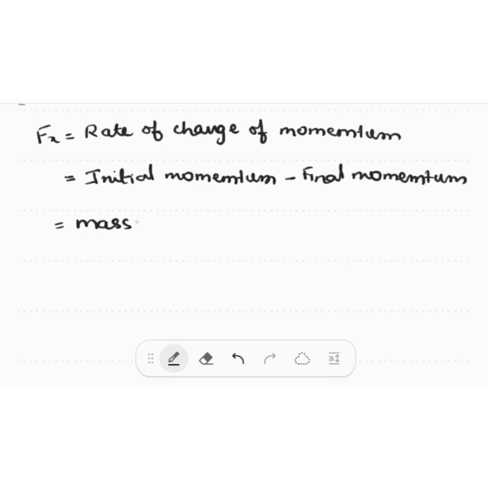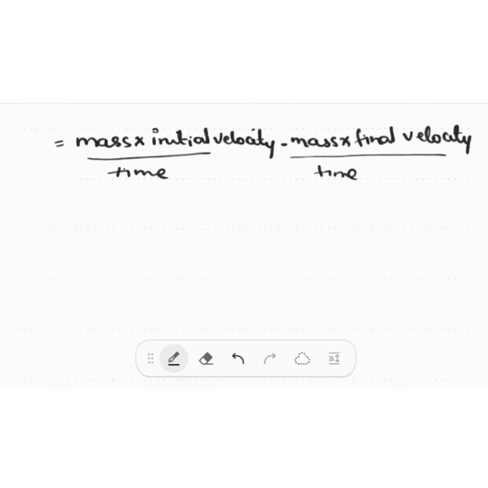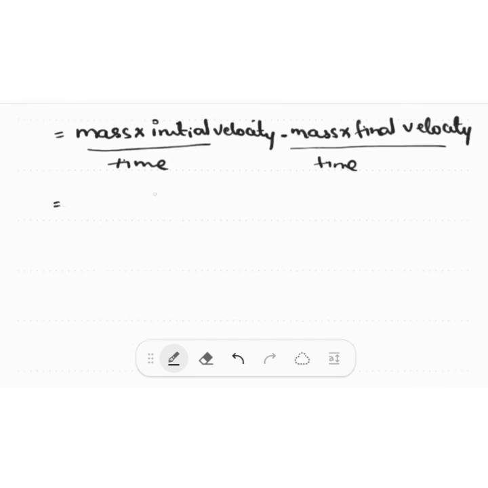So we will write it as mass into initial velocity per time, minus mass into final velocity per time. You can observe the common thing here: mass per time is common.